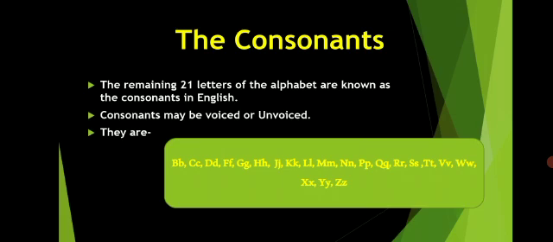There are 21 consonants in the English language, and they are B, C, D, F, G, H, J, K, L, M, N, P, Q, R, S, T, V, W, X, Y and Z. Consonants have 24 different sounds, so the total phonic sounds are 44.